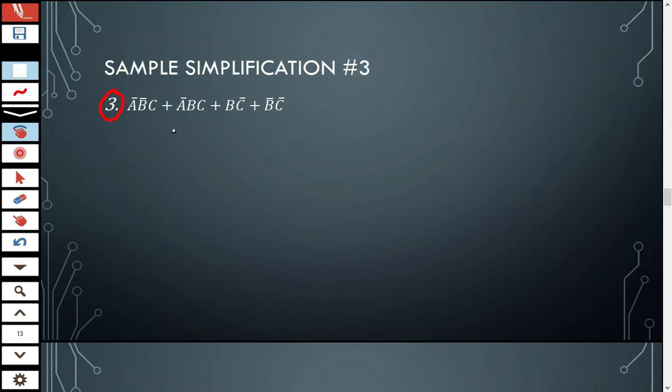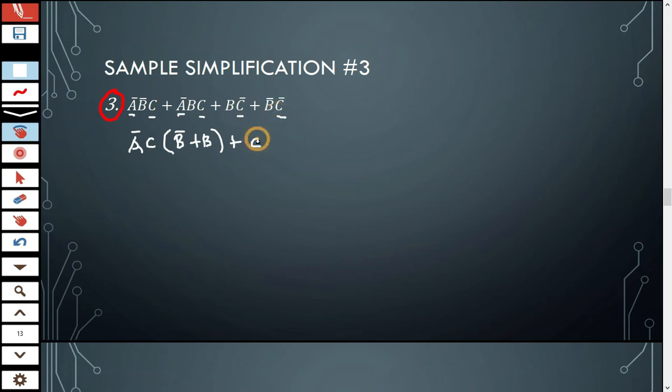So the first thing that we have to do is to look for the common terms, and we see that the not A is the same as the not A for the second term, as well as the C and the C. So we can perform factorization, and C times not B plus B. And then we can also do the same thing for this term because we can see that C is common for both of these.